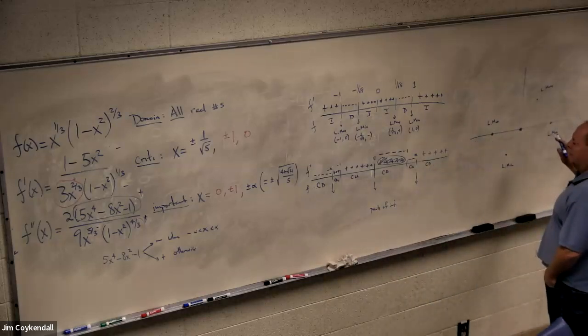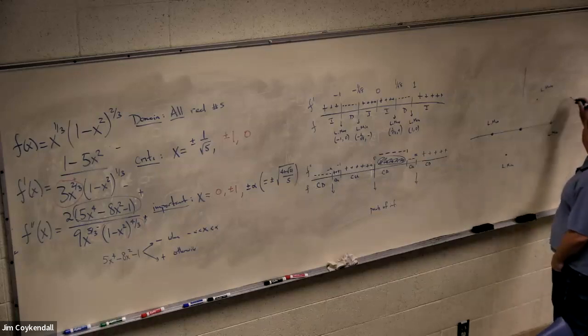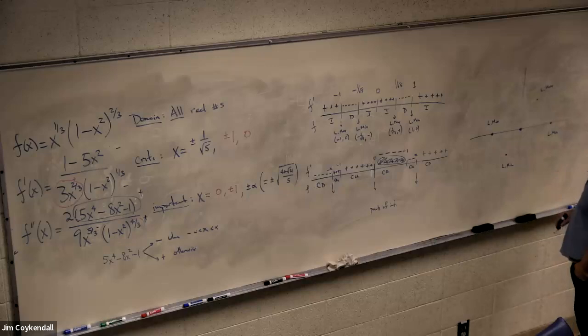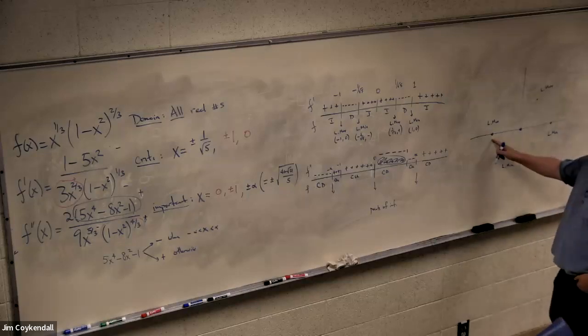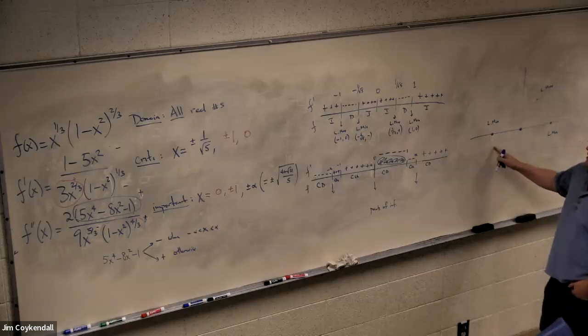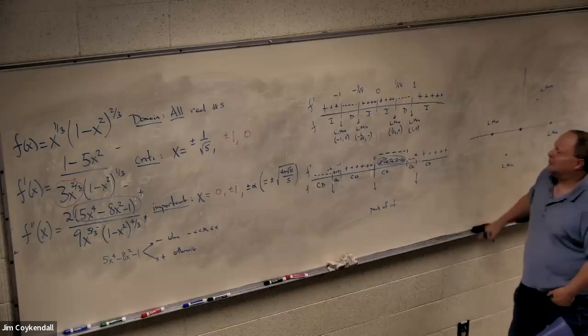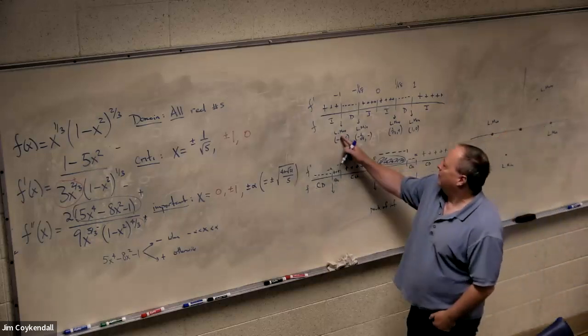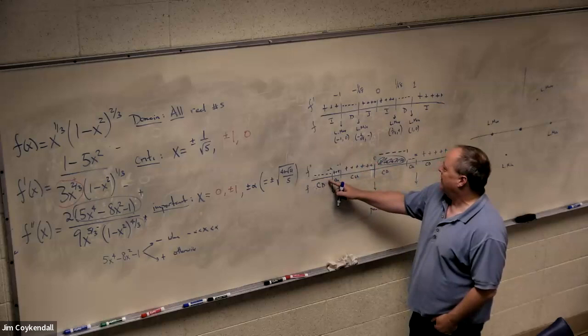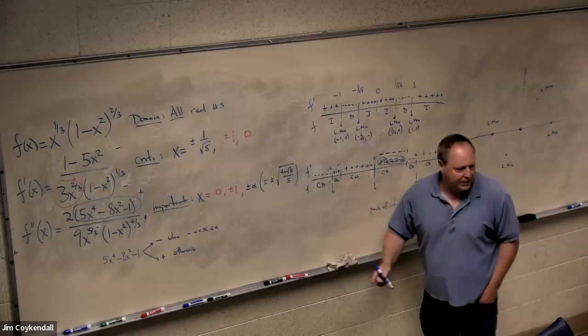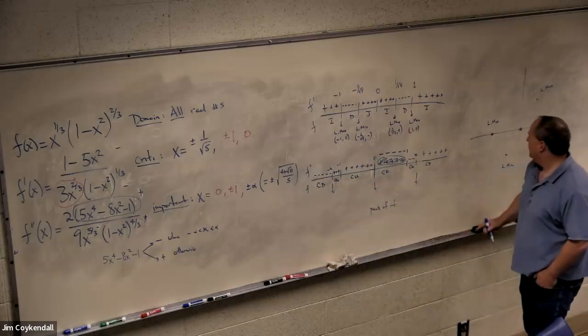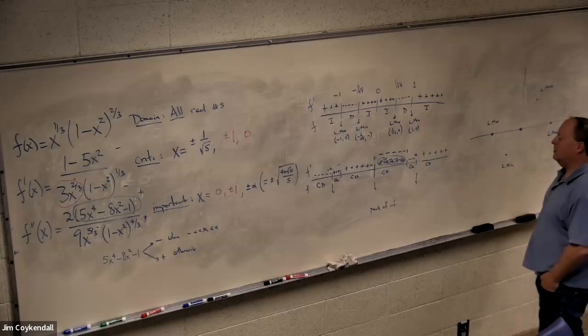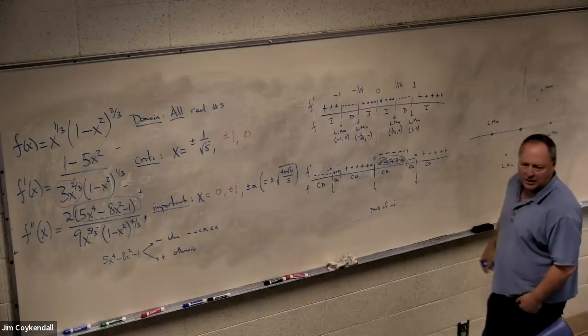Let's see, what was our concavity look like? Concavity. So, let's take it up in here. What happens up to this first local max? It's always increasing, and its concavity goes down to up, sort of the last minute. Alpha's over here somewhere. What happens at the first local max?